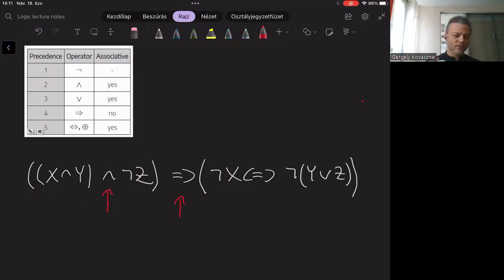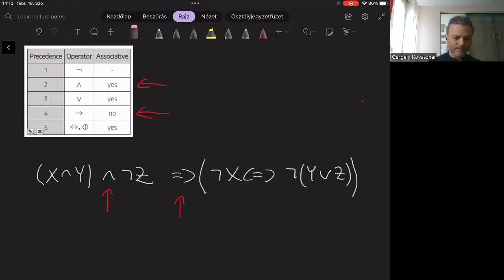And if you look at the precedence table of operators, you can see that conjunction is stronger, or we can say it has a higher precedence than implication does, which means that if I remove the parentheses around this conjunction, the order of evaluating those operators stays the same.